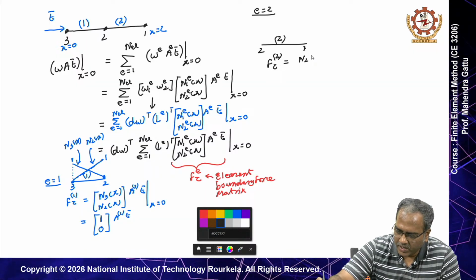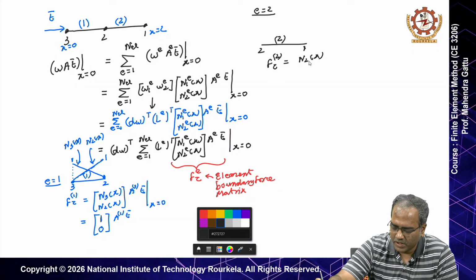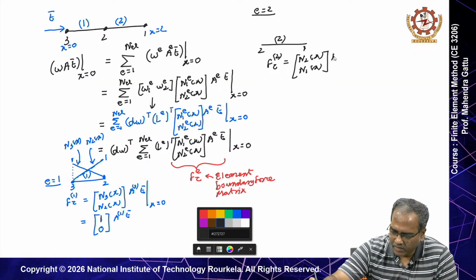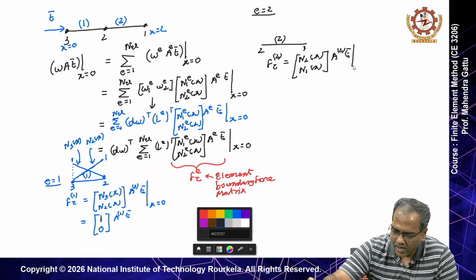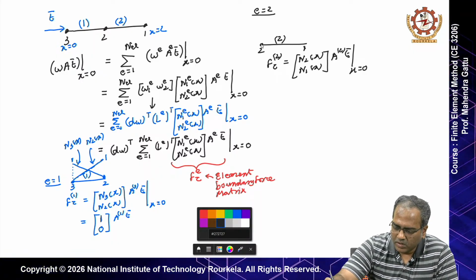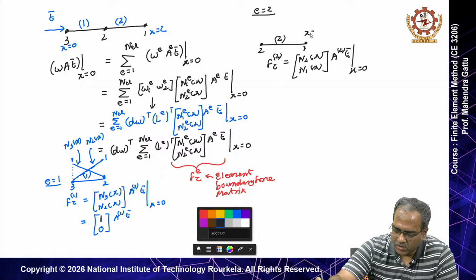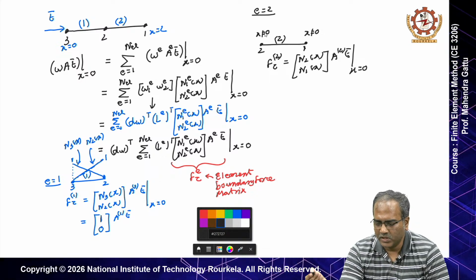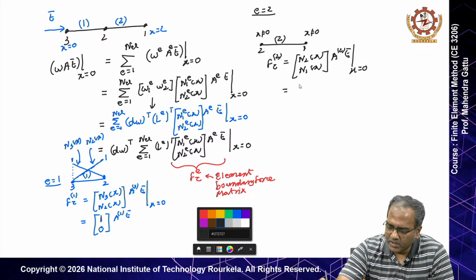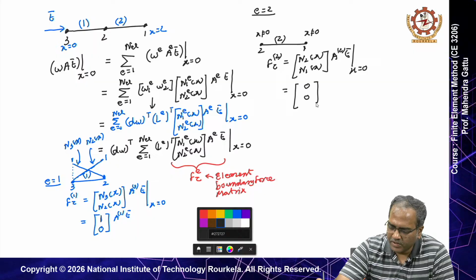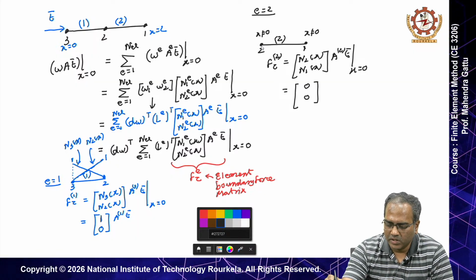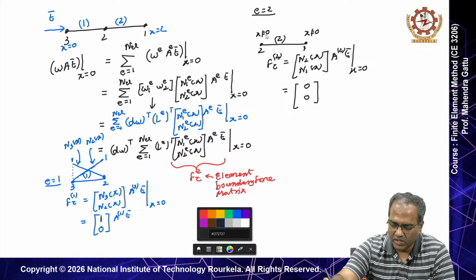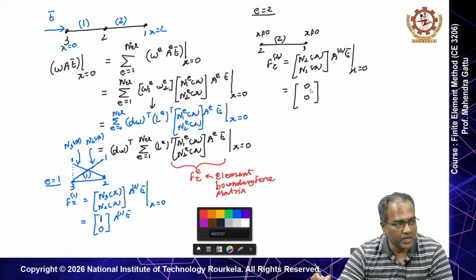Here we will be working with N2 of x and N1 of x, and then we have our A2 term T bar at x equals 0. This is x equals L, and node 2 is at some intermediate point which is not 0. So, effectively this matrix will be 0 and 0, because the shape functions evaluated there are not equal to 0 at x equals 0. So, we will get 0 and 0. Okay.